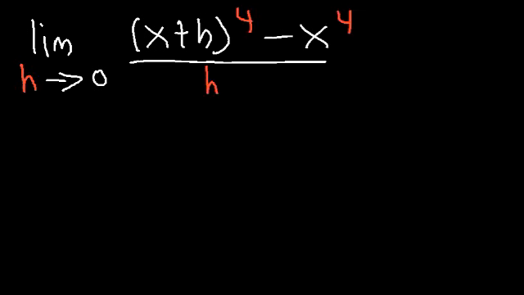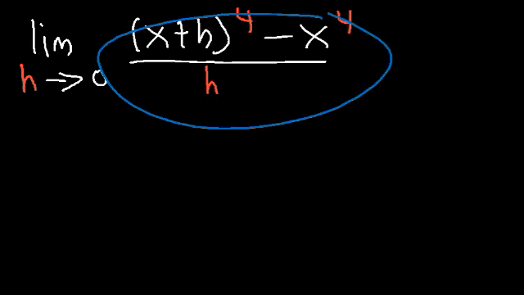You can probably factor the numerator using difference of squares, and eventually you can cancel out h. But is there an easier way? Sometimes you might get an expression that has natural logs, a trig function like sine and cosine, and you can't really find a limit using factoring techniques or multiplying the top and bottom by the conjugate or by the common denominator.